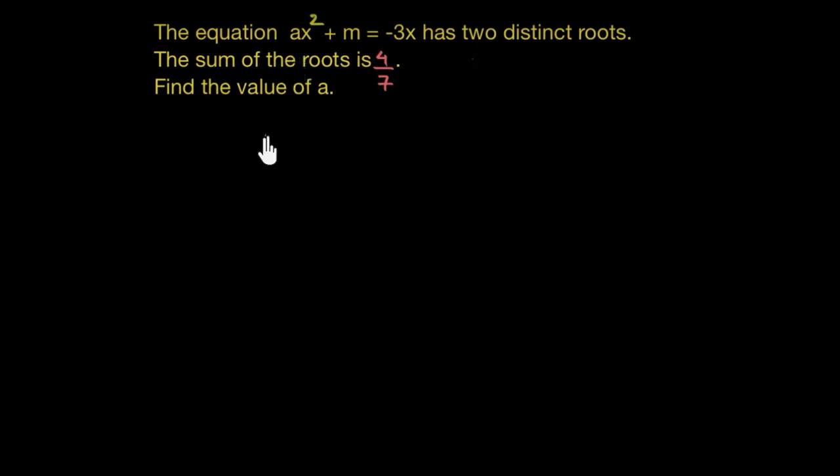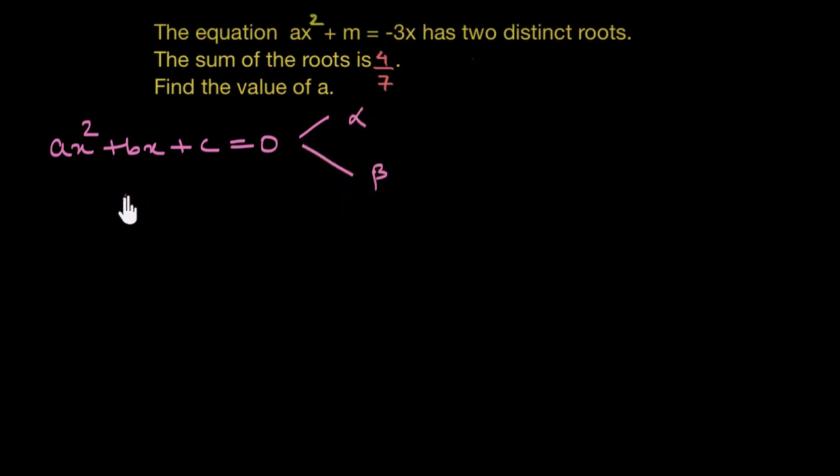Now, as we have seen in our earlier videos of this unit, for a standard quadratic equation ax² + bx + c = 0, let's say the roots are alpha and beta.